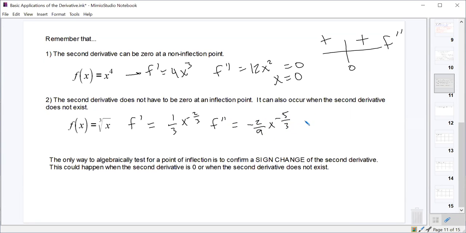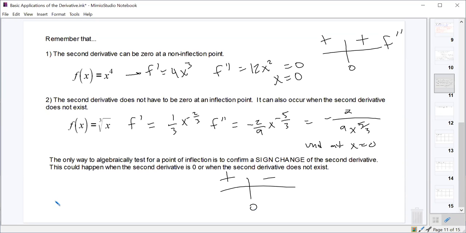This never equals 0, but it's undefined at x equals 0. And so if you plug in a positive, you end up with a negative. And if you plug in a negative, this denominator becomes negative, and so you end up with a positive. And so you do have a sign change. So make sure you confirm that there's a sign change, and make sure you check for when the second derivative is undefined for points of inflection also.